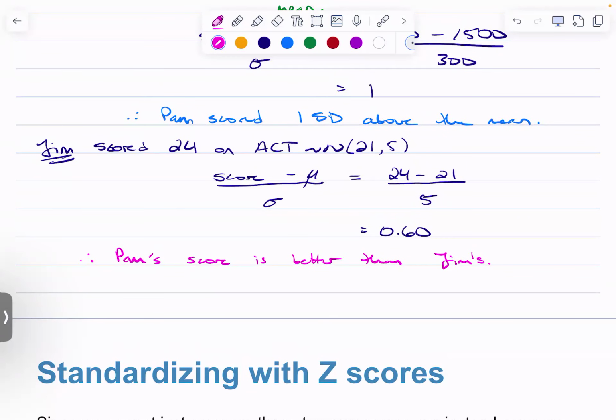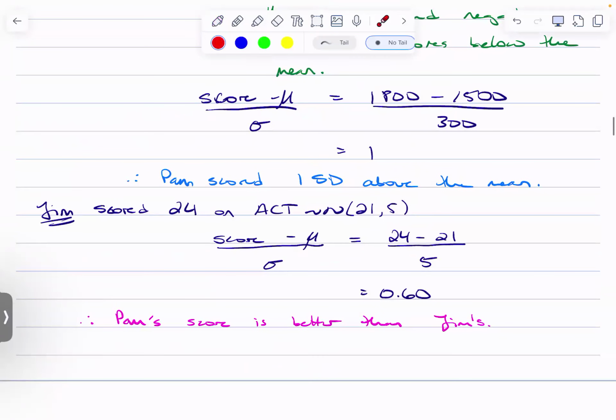So this idea of converting from any normal distribution, and the only thing is that you have to have a normal-ish looking distribution to do it, but then you can take any mean and any standard deviation, and you can always standardize these values to compare them, and then we'll standardize to be able to find probabilities more easily.